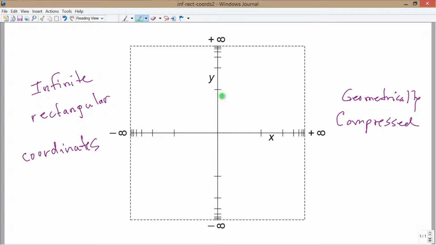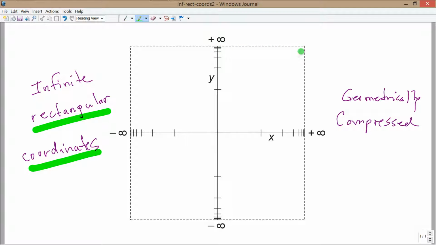Same for the positive y-axis. The negative x and negative y axes are just the opposite. There's -1, -2, -3, and so on. For y, there's -1, -2, -3, and so on. For x, so you get a complete rectangular coordinate system.